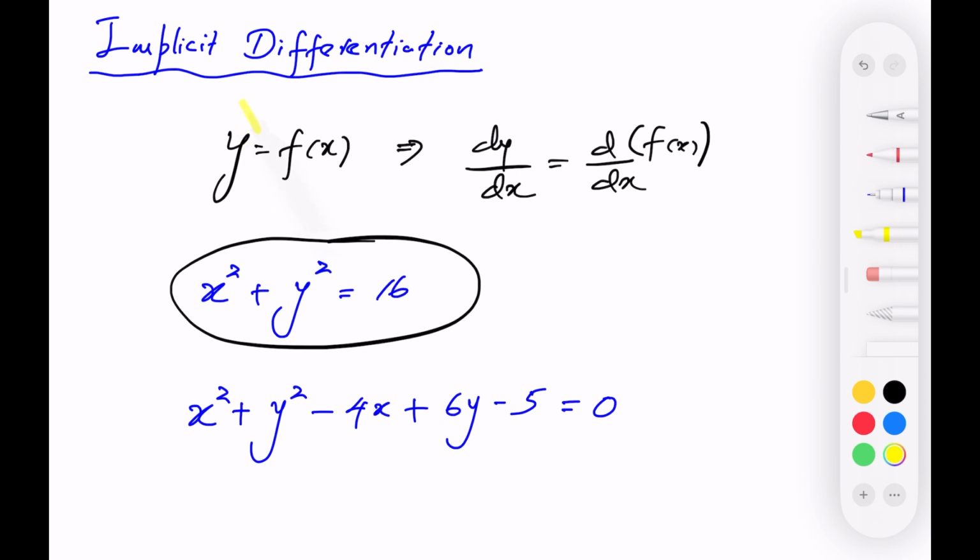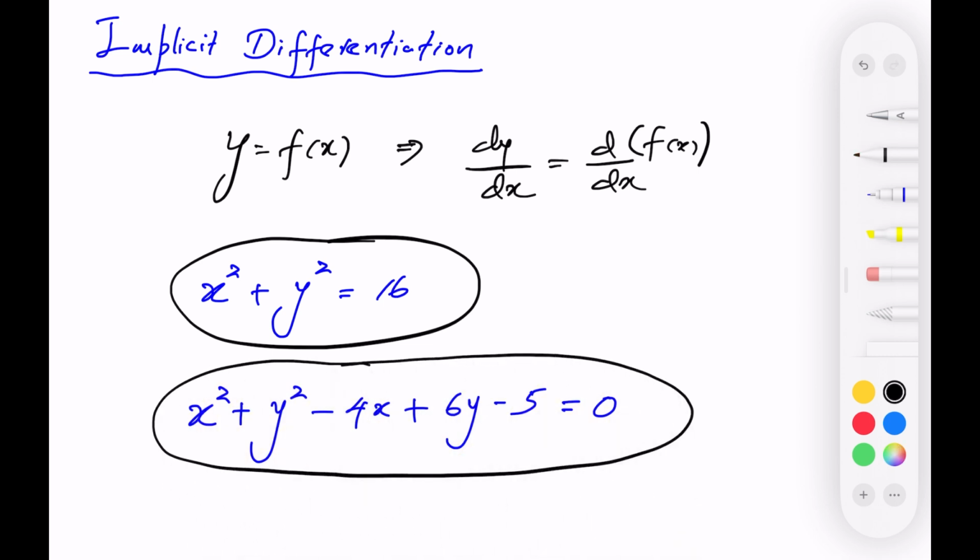Using the previous methods, such as writing it as y equals f of x, is going to be really tedious, because this equation is actually a quadratic equation in y. Of course, we can use the quadratic formula and still make y the subject. It's not an impossible task, but it's going to be really time consuming. Therefore, the use of implicit differentiation will be very helpful.